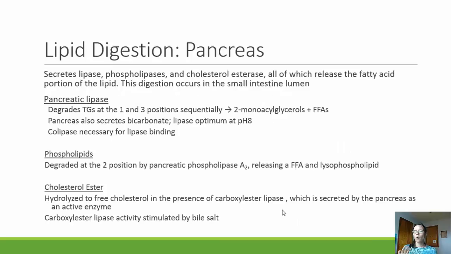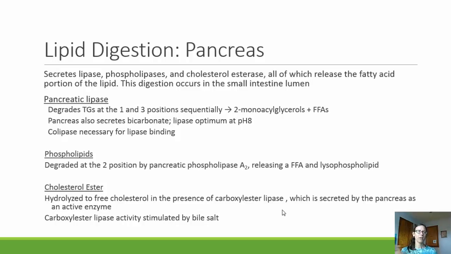Okay, so of course, this digestion is taking place in the small intestine, but a crucial part of lipid digestion is these secretions from the pancreas into the small intestine. The pancreas secretes many lipid enzymes that release fatty acids from a portion of the lipid in the small intestine lumen.